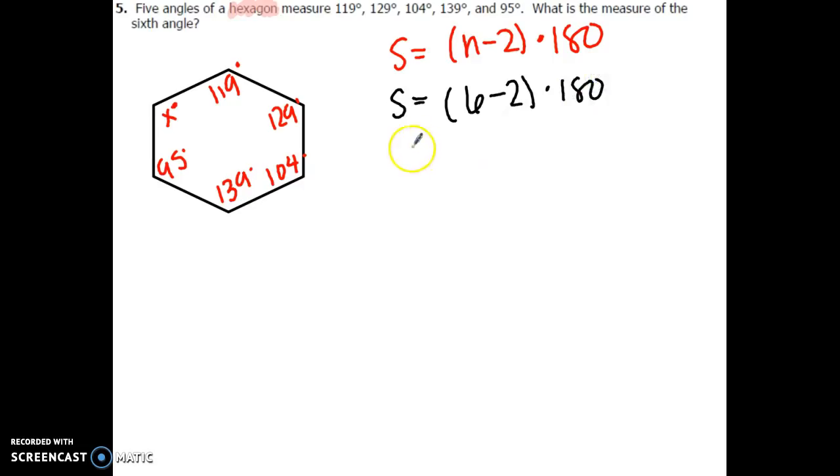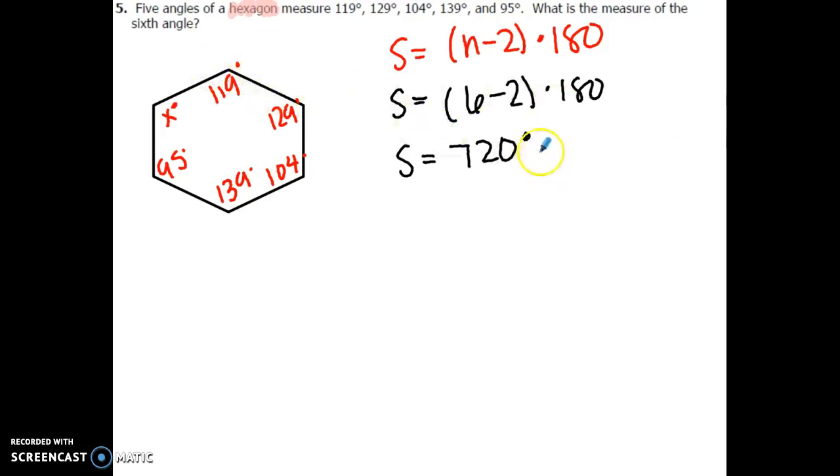Which in turn does give you 720 degrees. So all 6 of these added up do have to equal 720 degrees. So what we do here is we add up all of the angles that we do know, and we have to subtract it from 720 in order to see what that missing angle is.